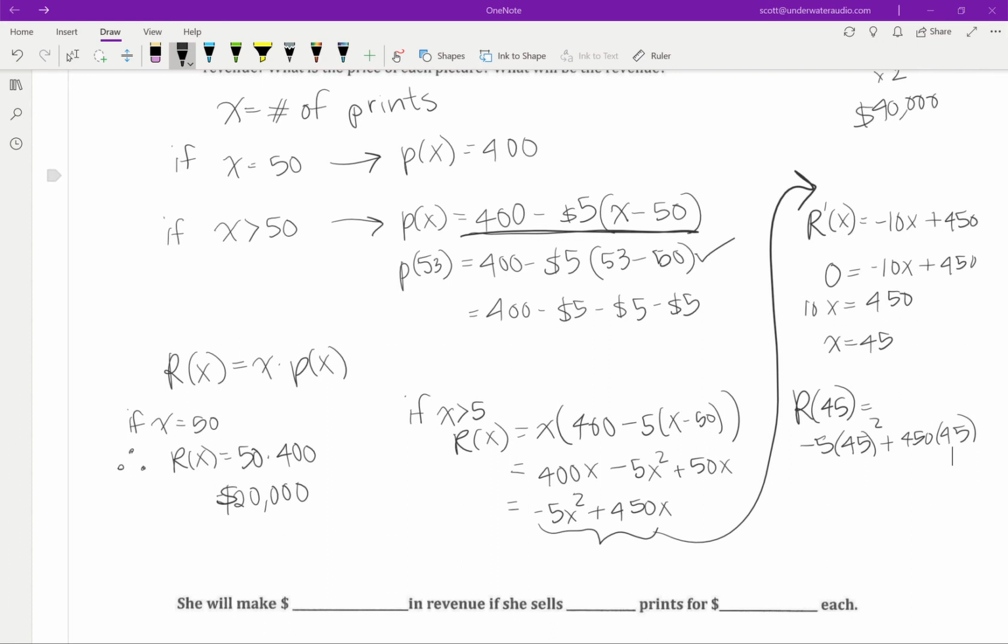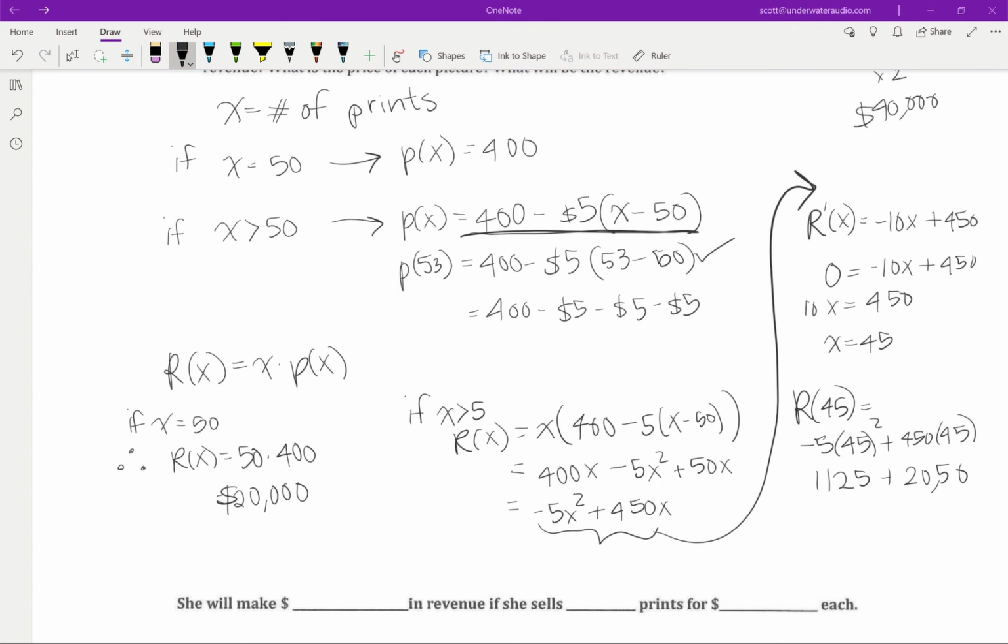45 times 45 times -5 is -10,125. And then 450 times 45 is 20,250.